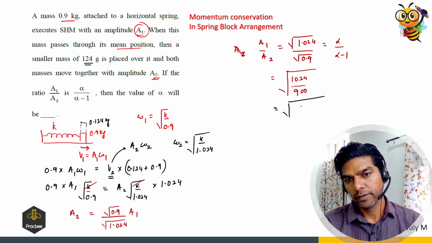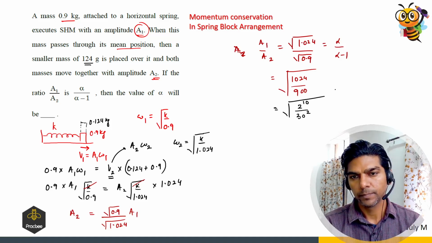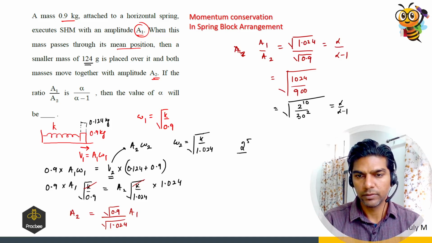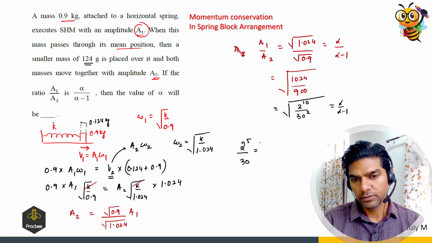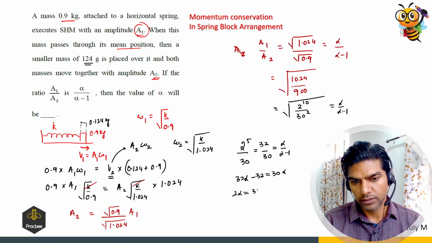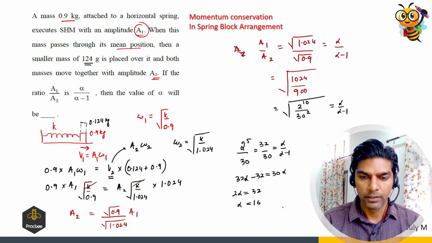Root of this can be written as 2 raised to power 5 divided by 30, which is 32 divided by 30, equal to alpha upon alpha minus 1. So we can say 32 alpha minus 32 is equal to 30 alpha. So 2 alpha will be equal to 32, and alpha comes out to be 16. So 16 is the value of alpha.